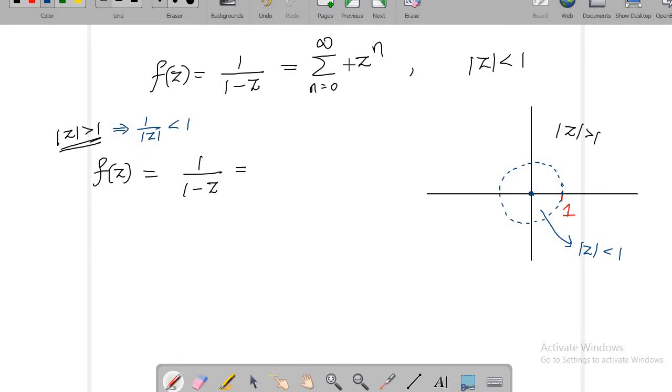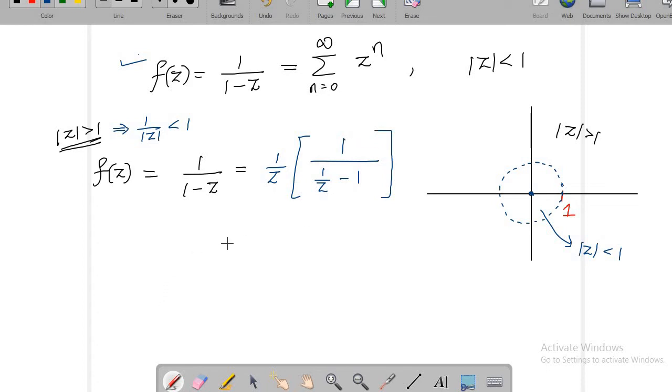Now using this formula, try to get 1 by 1 minus z. Instead of having z, if you have 1 by z, then I can use the expansion formula we have. So let me take 1 by z common from this entire thing. When you do that, this is 1 divided by 1 by z minus 1.